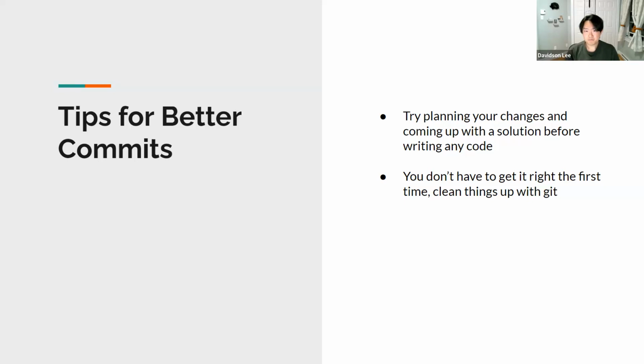Everyone's coding style is different. For me personally, I am someone who typically just figures it out on the go, just starts writing in the code base, sees what happens, and figures things out from there.